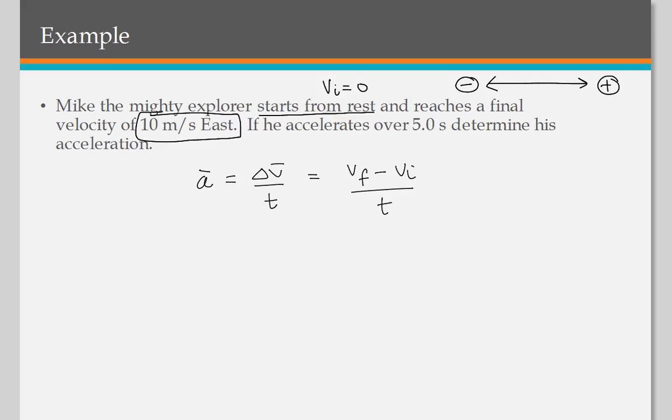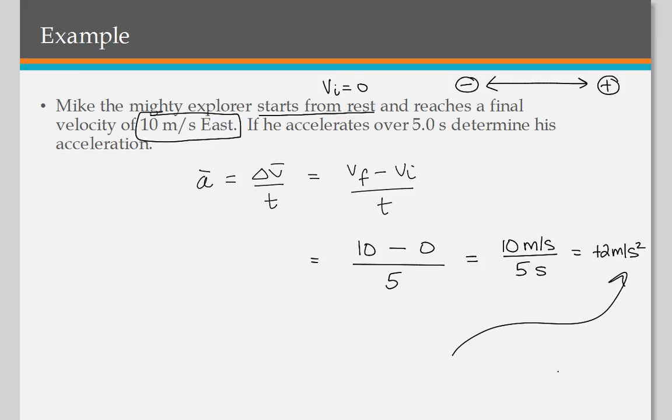So if east is positive, its final velocity, Vf, is 10, its initial velocity is 0, and that takes 5 seconds to accomplish that. So we have 10 meters per second per 5 seconds, which is a positive 2 meters per second square. And what this tells us is that every 1 second we will increase, that's what that plus meant, increase 2 meters per second. So every second you gain 2 meters per second.